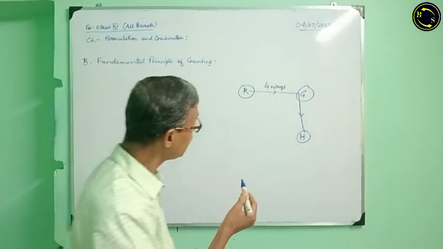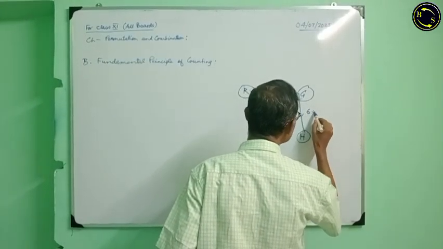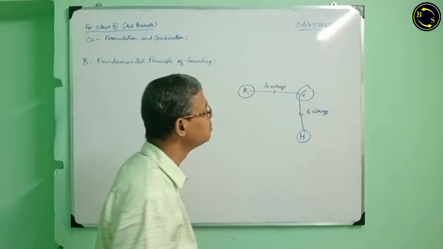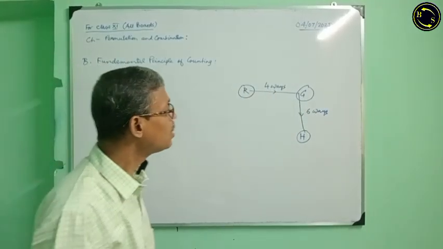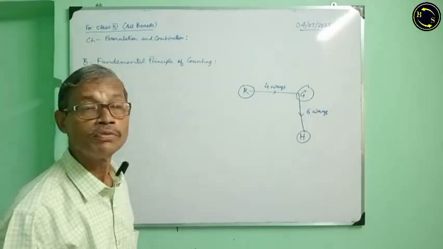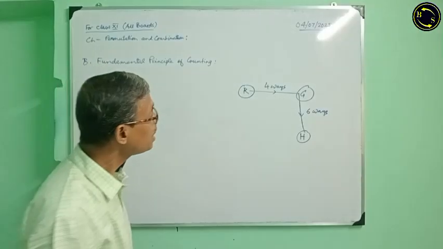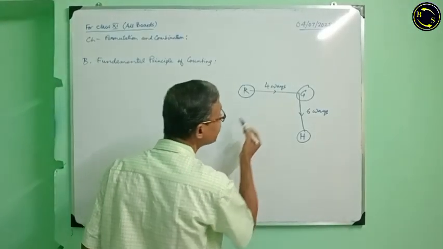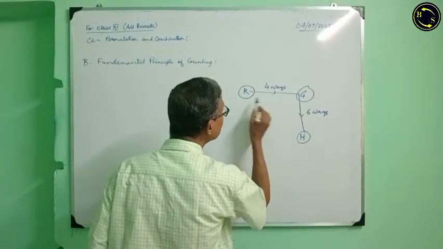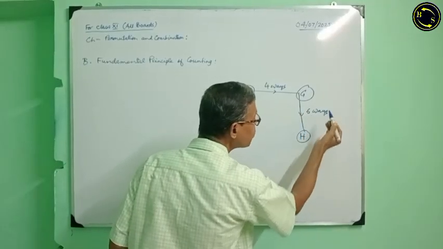Then reaching Godia, we can avail 6 ways. Then totally in how many ways can we move from R to H? You see, for any of the four ways to reach G from R, we can avail 6 ways.